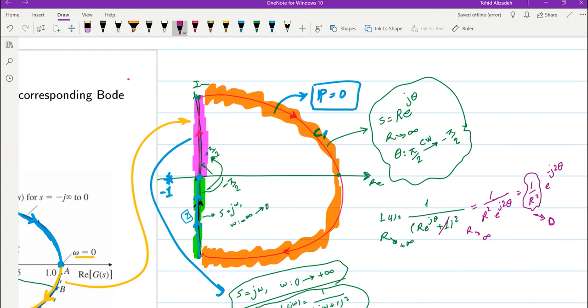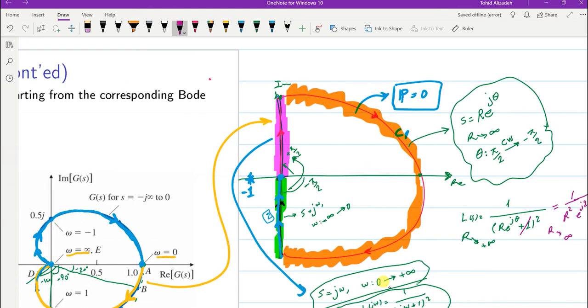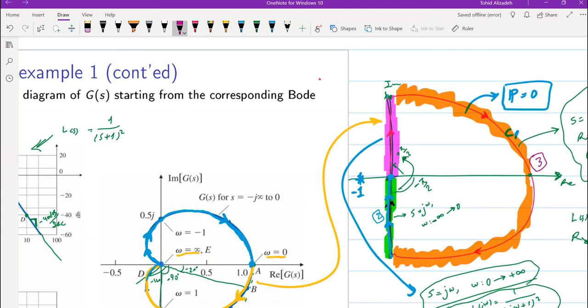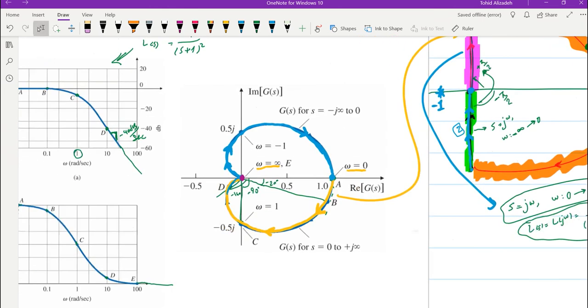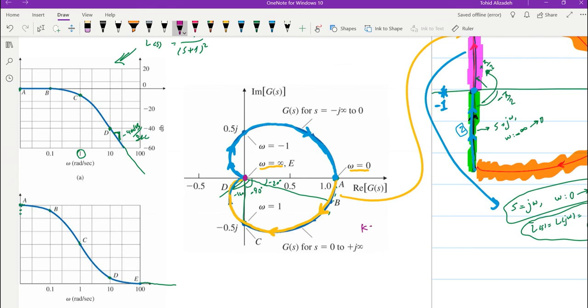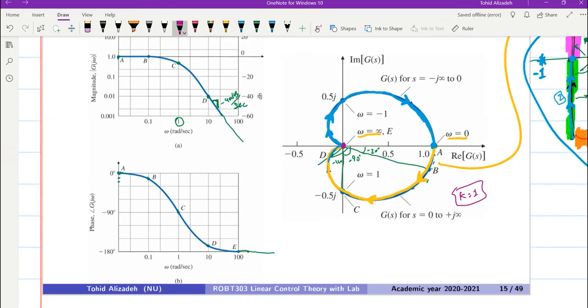And we will map the whole segment number 3 into the point at the origin. So this will be where we have the mapping of that segment. And as a result, we will have this Nyquist plot for k equal to 1. So we now have our Nyquist plot for this simple system.